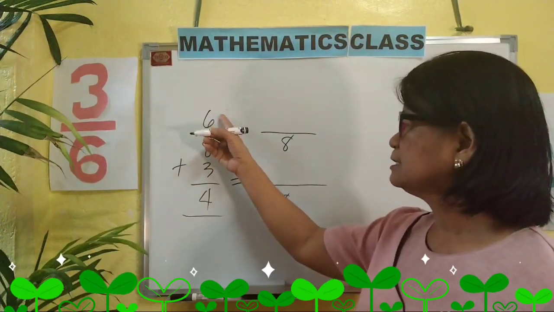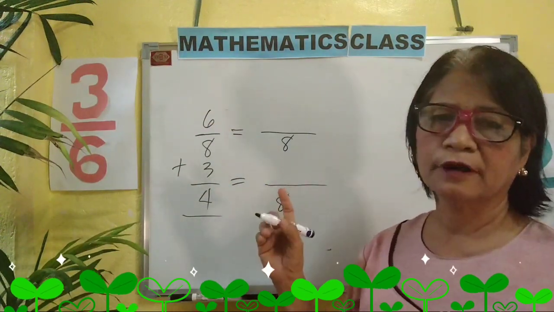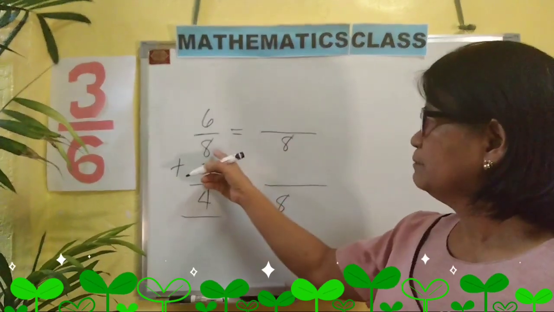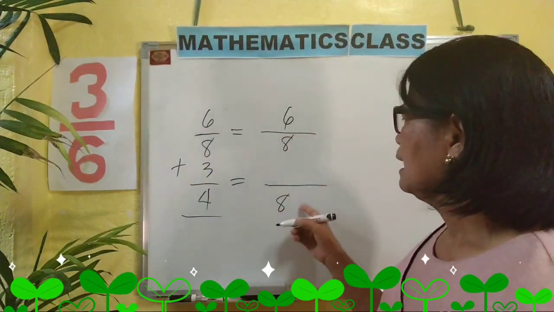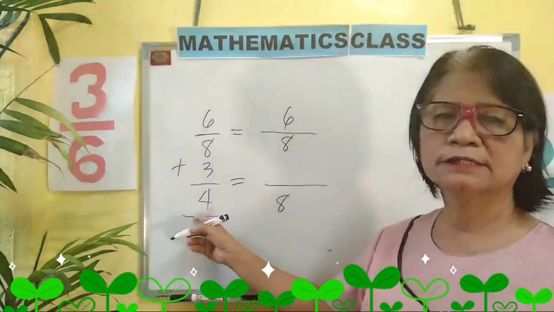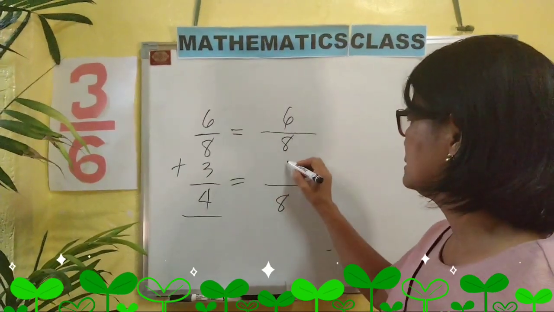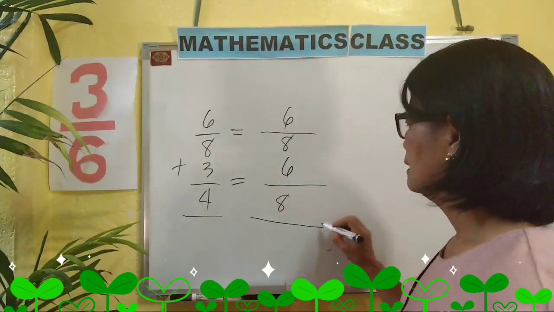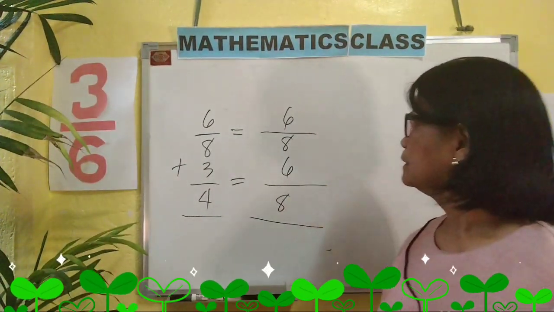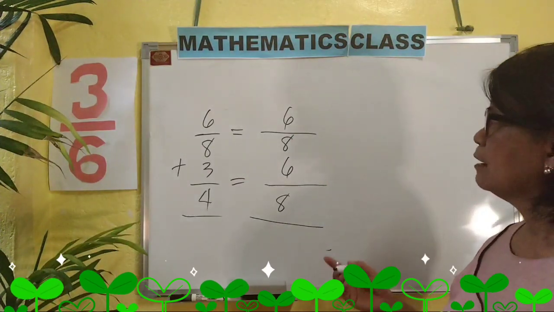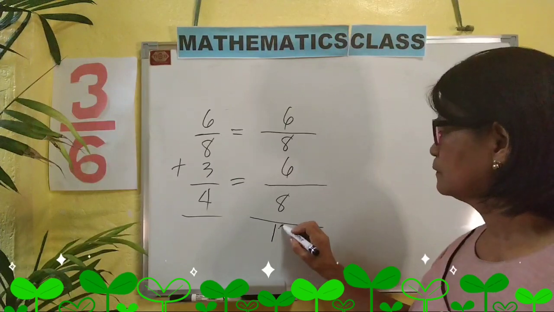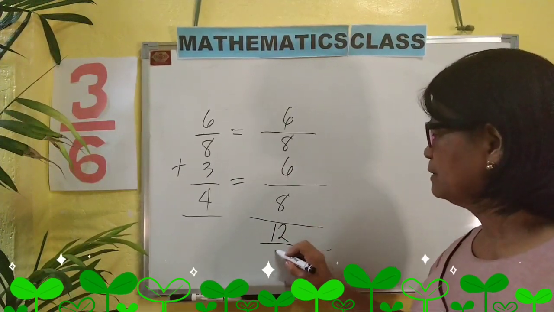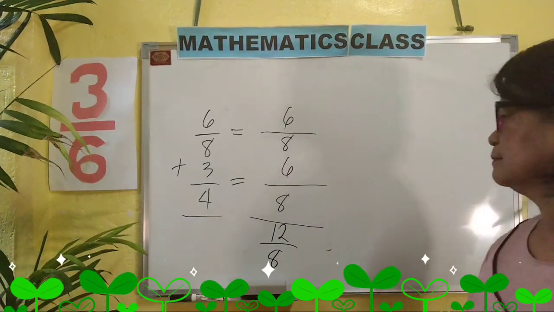Then, change these dissimilar fractions into similar fractions. 8 divided by 8 equals 1 times 6 equals 6. 8 divided by 4 equals 2 times 3 equals 6. Then, what is the sum? 6 plus 6 equals 12. Copy the common denominator of 8.